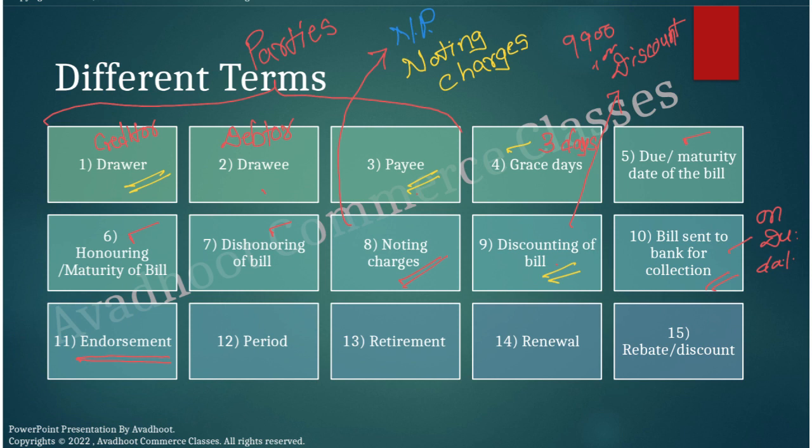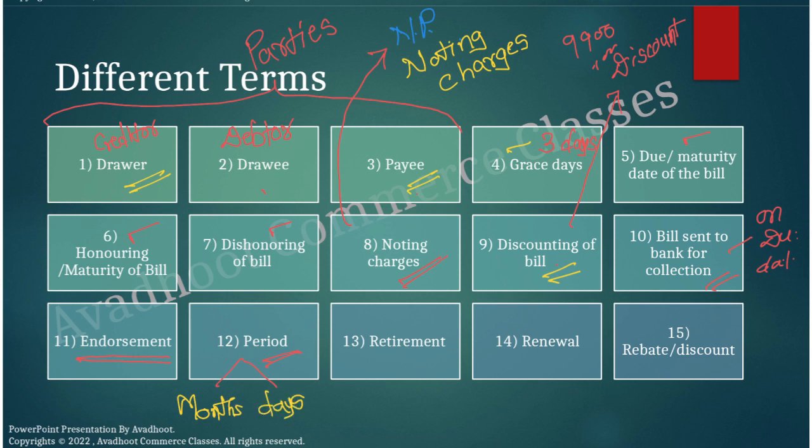There is no limit up to the due date. You can pass on the bill, and it is not compulsory to make the endorsement too. That's why I have told you sometimes the drawer and payee may be the same. What is a period? That is a term. It may be in months, or it may be in days.